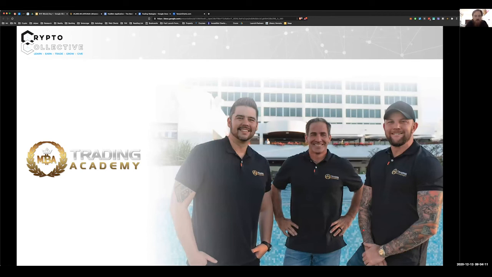So the fellow with the hat on there is Michael, the guy in the middle is Paul, and the other guy is Jason. All of them have come from various different backgrounds. Jason, for example, is a financial analyst, I believe it was, and he's since gone into being a master trader and been doing that for a considerable amount of time. Paul is a wealth coach.